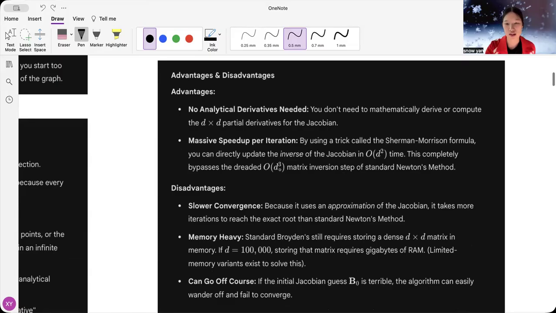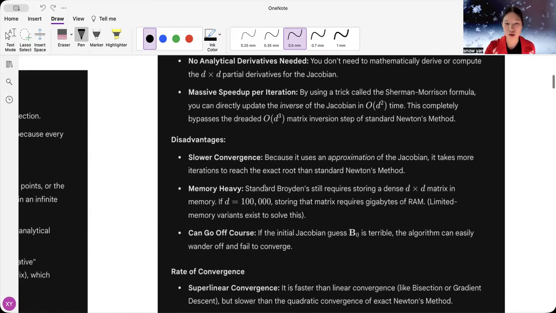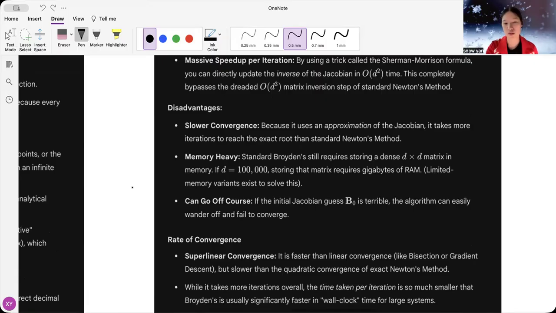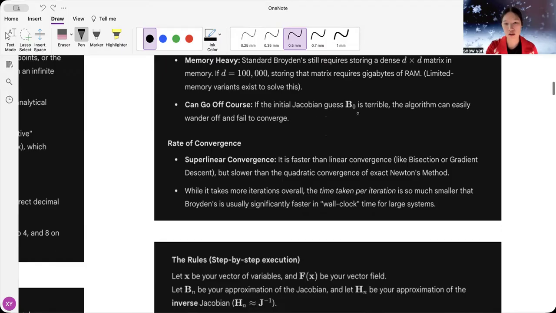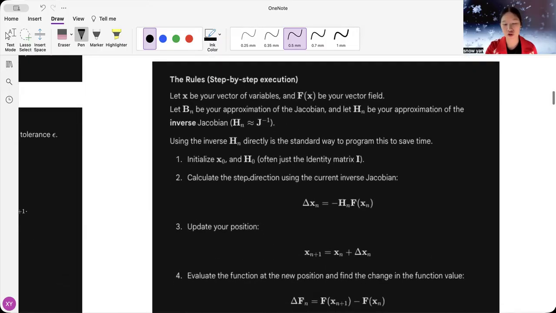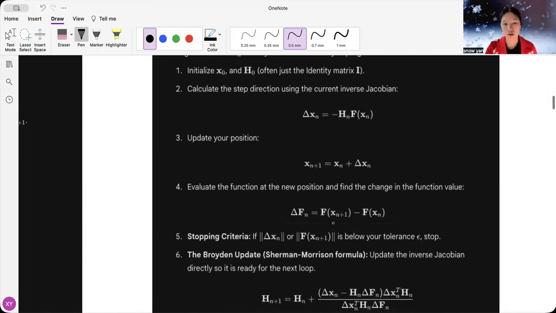calculate the exact one, so it's just O(D squared) rather than D cubed from earlier. But it is an approximation rather than exact, and it's still memory heavy, but it's obviously better than the one before. And the initial guess is also quite important. It's superlinear, and this is the approach over here.